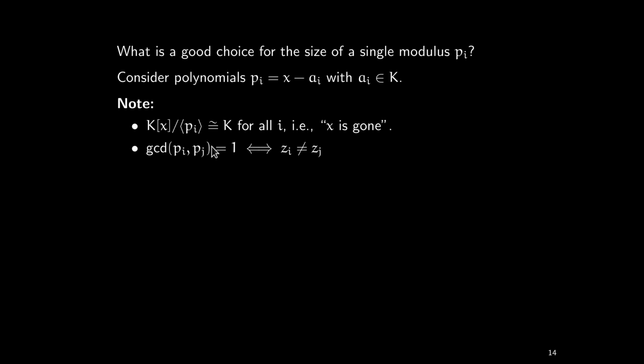Okay, so in this case, for this choice, the Chinese remainder theorem requires that the two pi's are co-prime, and that means, translated to this setting, that the evaluation points, which I've named Z here and A here, sorry for this, should be different.